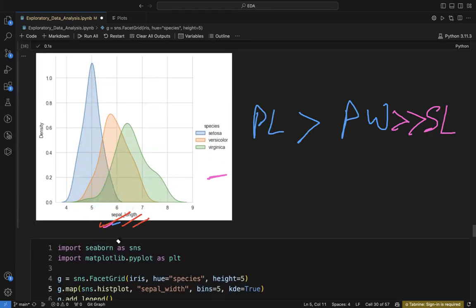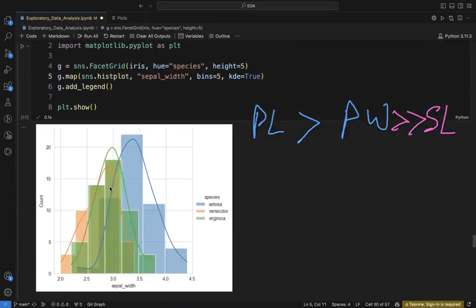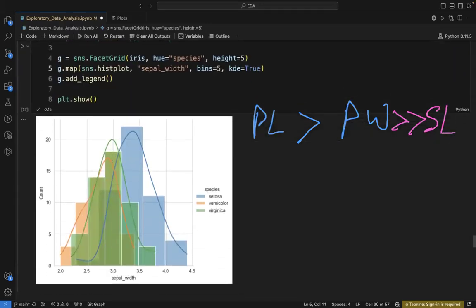Let's erase this so that we do not face any issue. Fine. So let's come to see the sepal width. When I see this sepal width, this is really bad, because if you look, my setosa is in fact here. If you look at virginica and versicolor, they are fully overlapping.